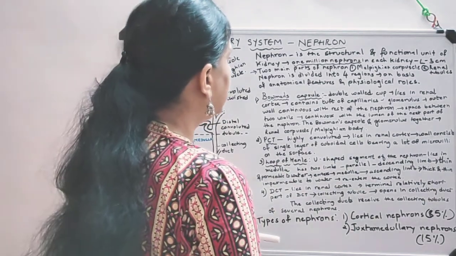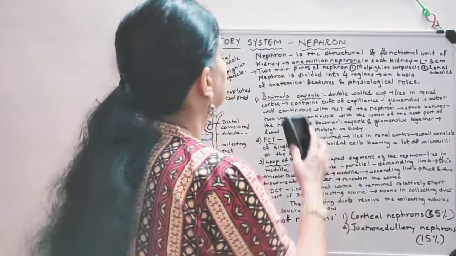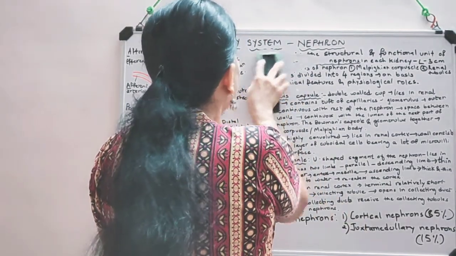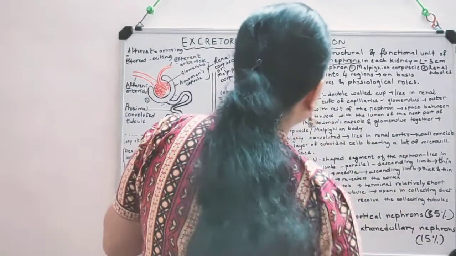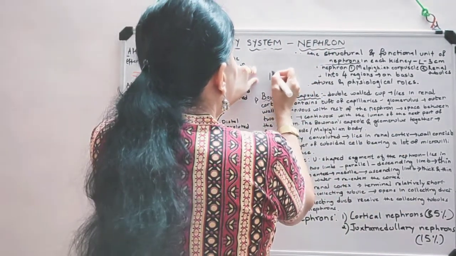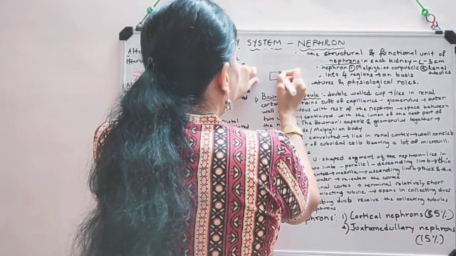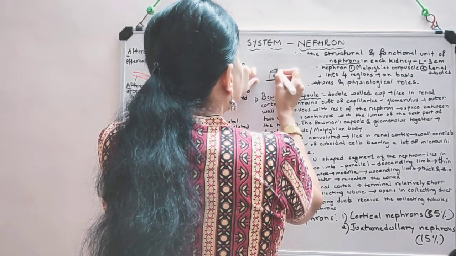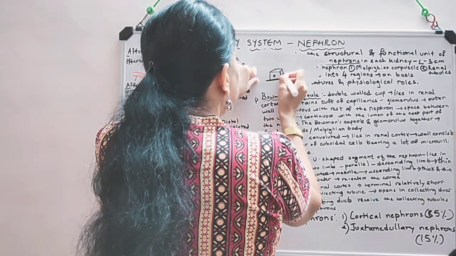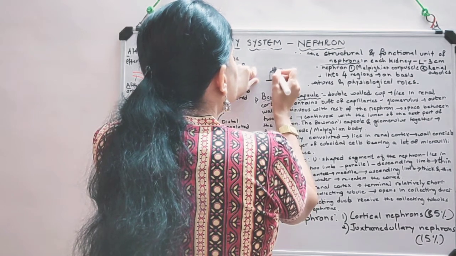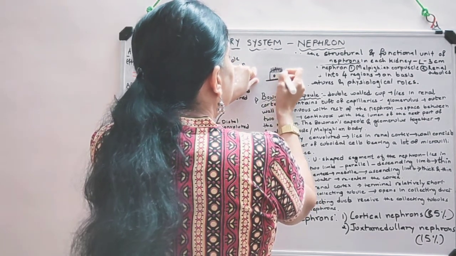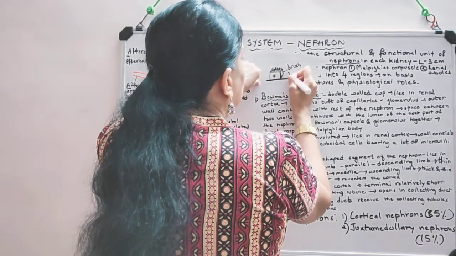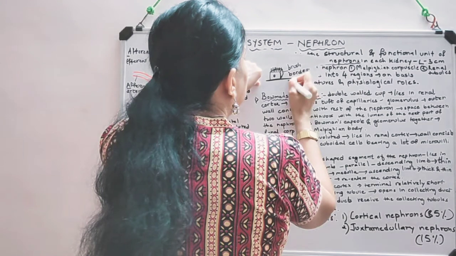If you remember the shape of this cuboidal epithelium, it is something like, I draw cubical cell which lies on basement membrane. There is the nucleus, something like this if you recall. And on its surface, this has microvilli. So this is also known as brush border epithelium.